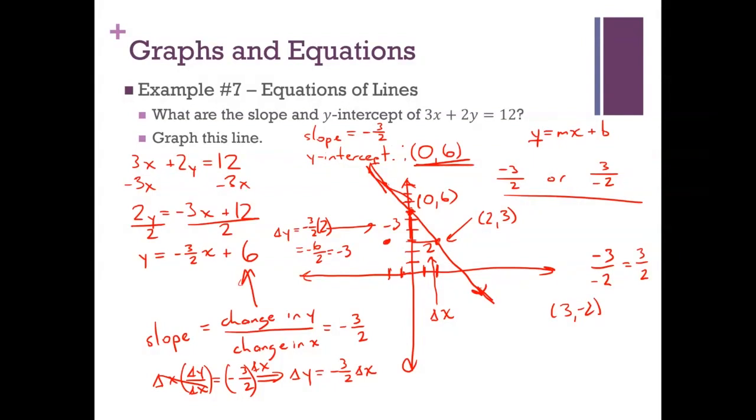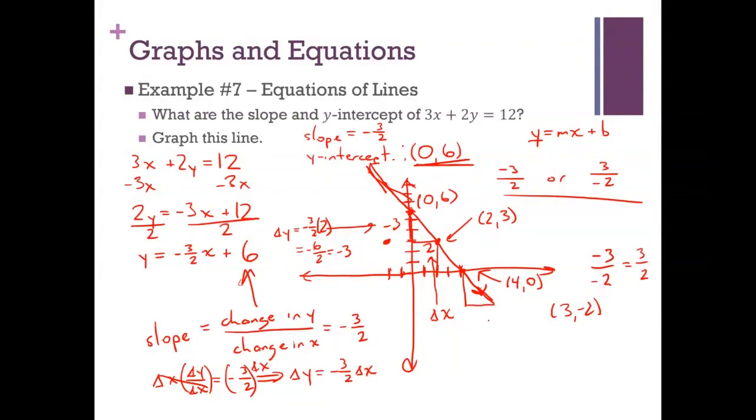I'll give you an example here. What if I start at 2, 3? Well, the slope is -3/2, so if I go down 3 units and to the right 2, then what point will I get? I will get a y value of 0, x value of 4, so 4, 0. If I want, I can do that again.